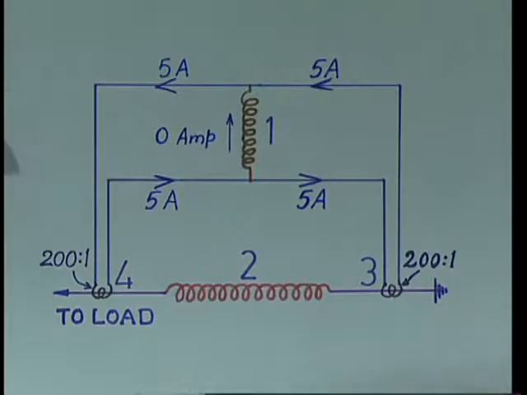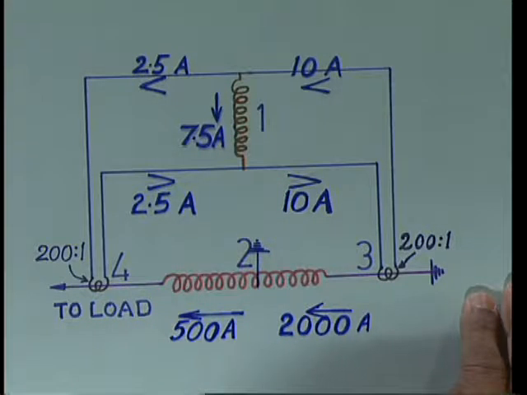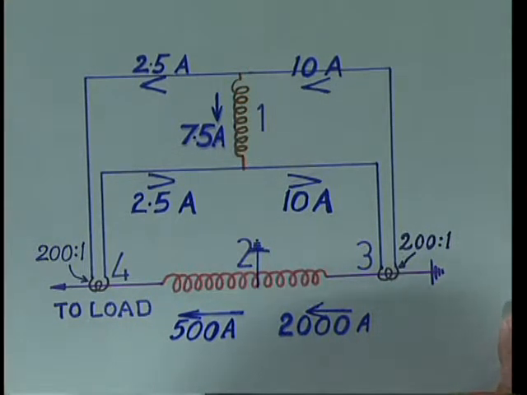Whenever a fault occurs on the system, here we consider two types of faults. So the first fault is like this. Suppose the fault occurs on the alternator winding like this, as shown in the figure.